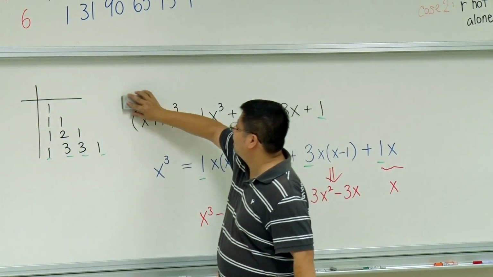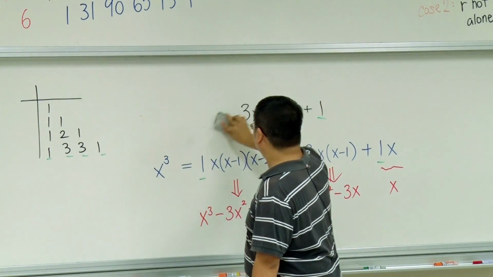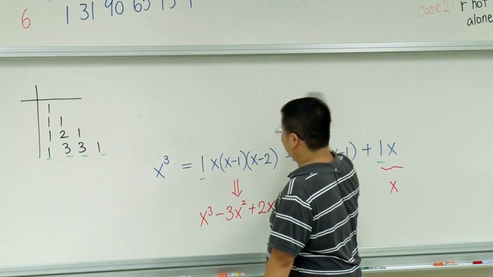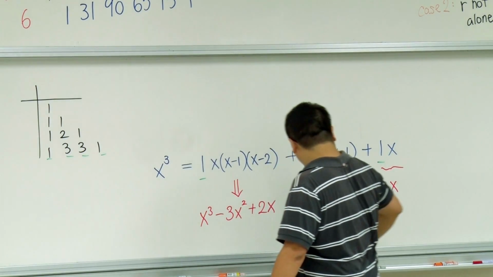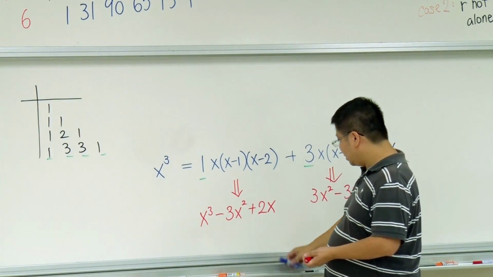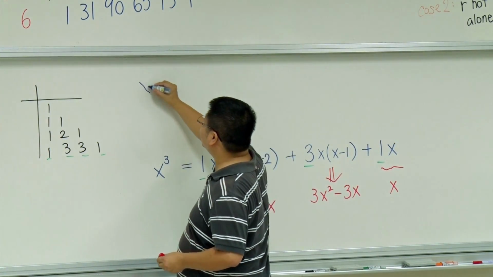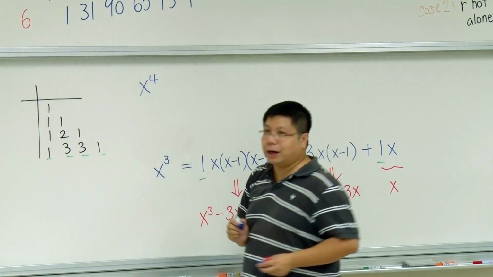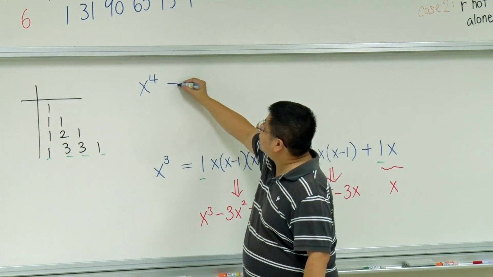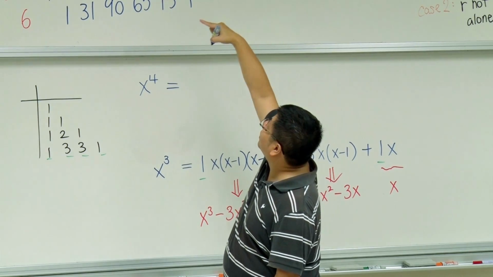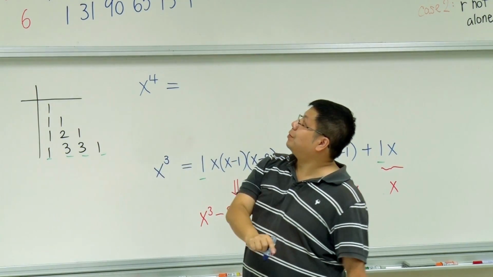And then what is the next one? How about x to the power 4? For x to the power 4, I look at the fourth row.